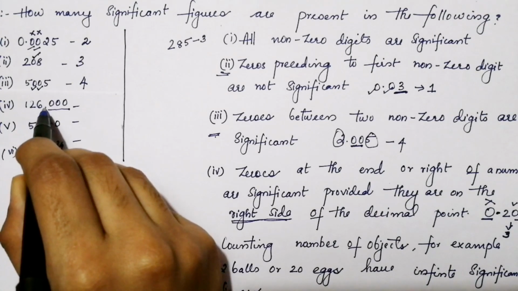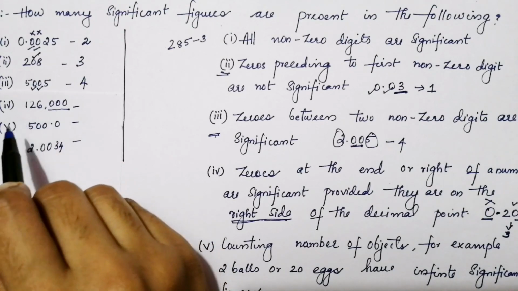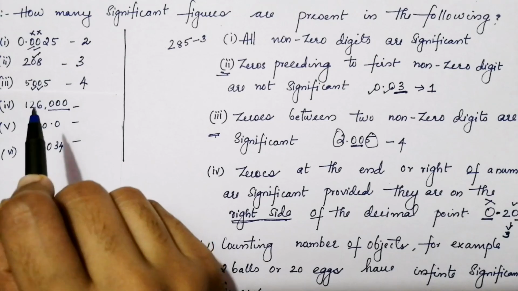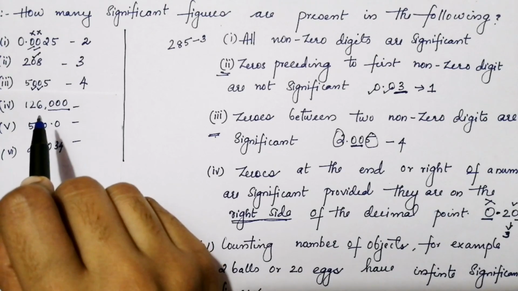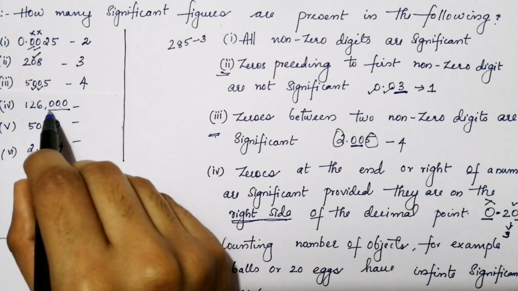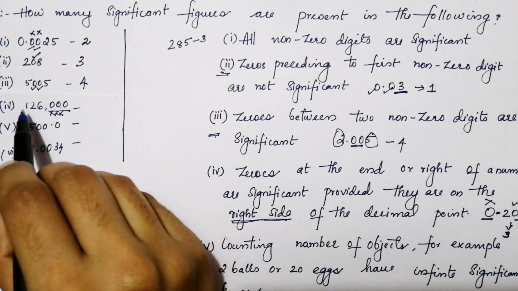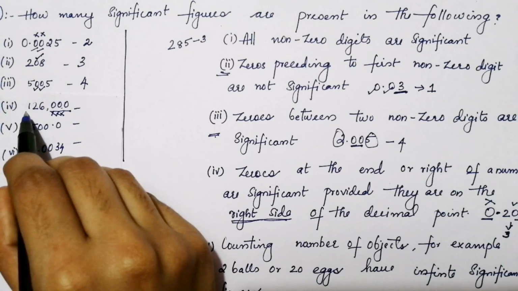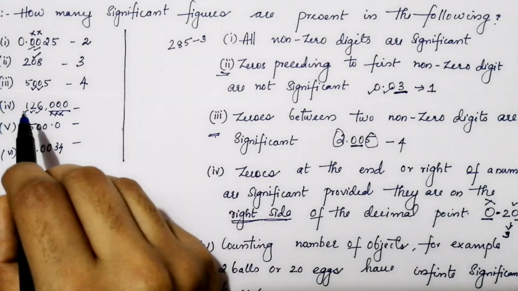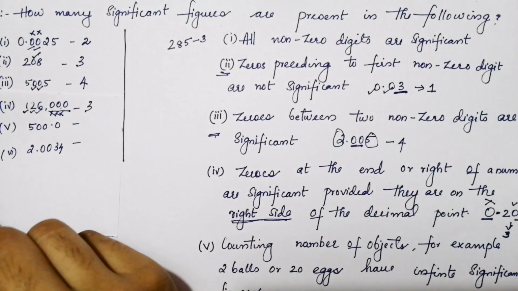Now we know that this is a comma, not a decimal point. These three zeros, even though they are on the right side of the number, are not on the right side of the decimal point, so we can't count these three as significant. So these three will be non-significant. Hence, this number will have a total of 3 significant figures. This 1, 2 and 6 account for it, and so we have a total of 3 significant figures.